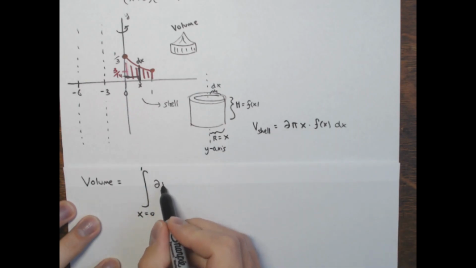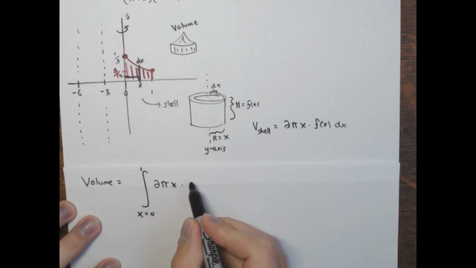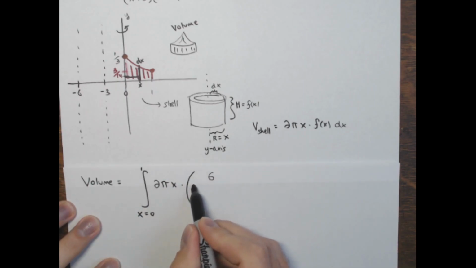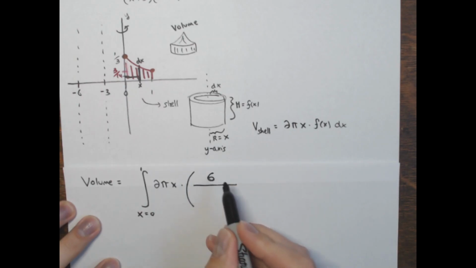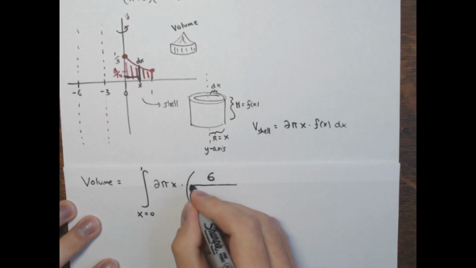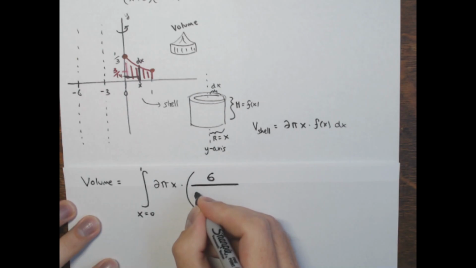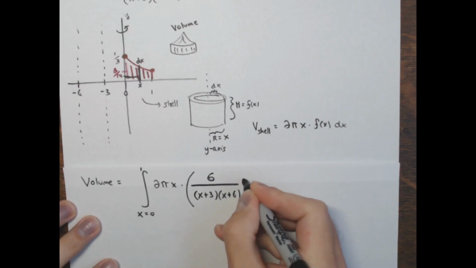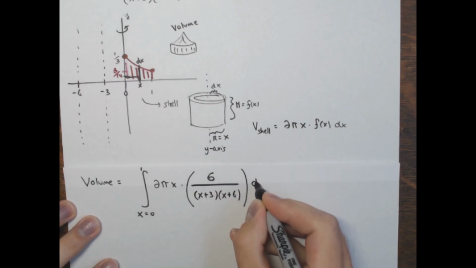So 2 pi x times f of x, which was this fraction, 6 over, and I'm going to write the denominator in factored form because I'm going to be using the method of partial fractions. So 6 over x plus 3 times x plus 6, and then times your thickness dx.